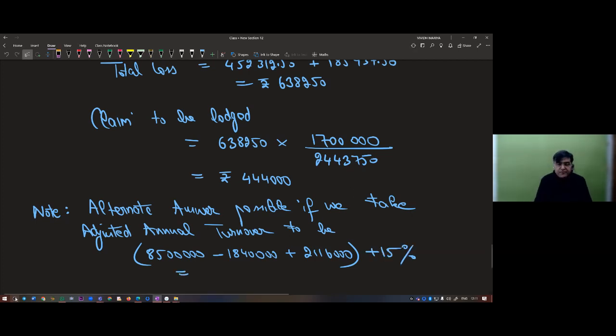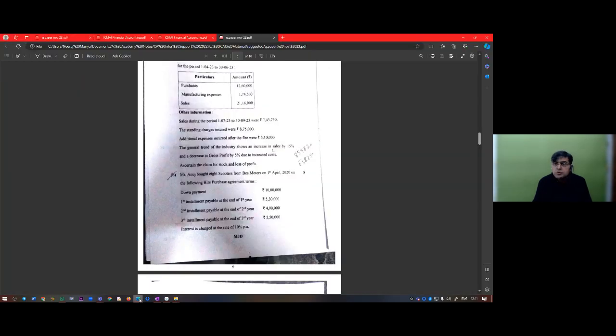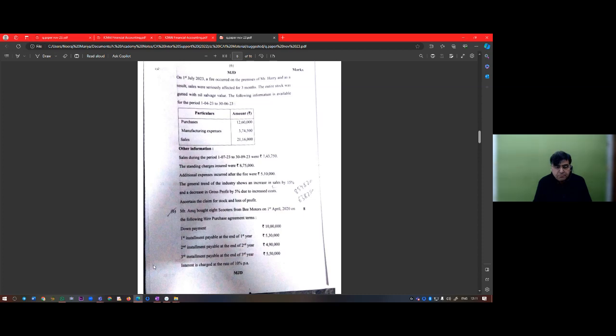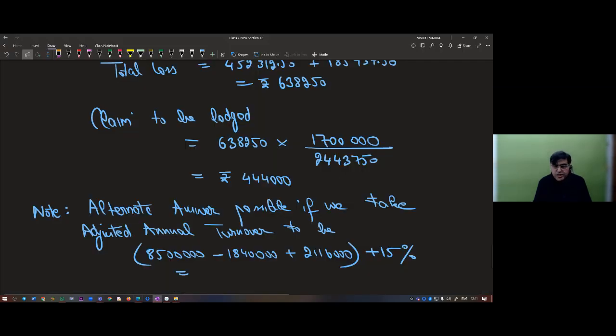So 85 lakhs, let's confirm the values. 85 lakhs, yes. 85 lakhs minus 1840 plus 2,116,000, okay? Plus 15%. This is rupees 1 crore 92,400.